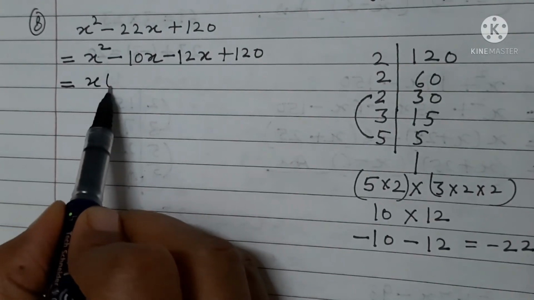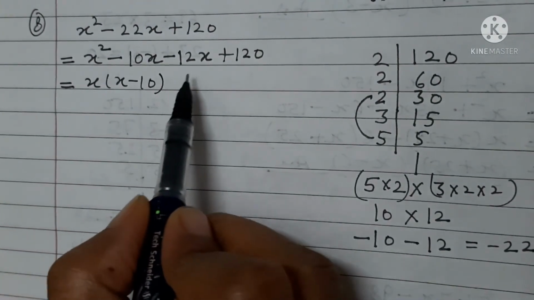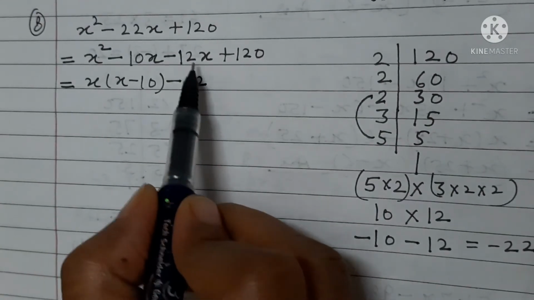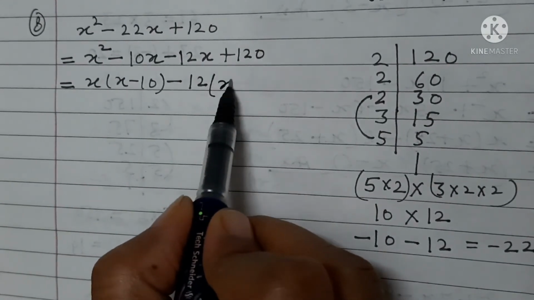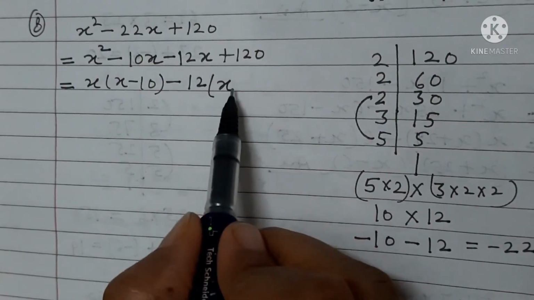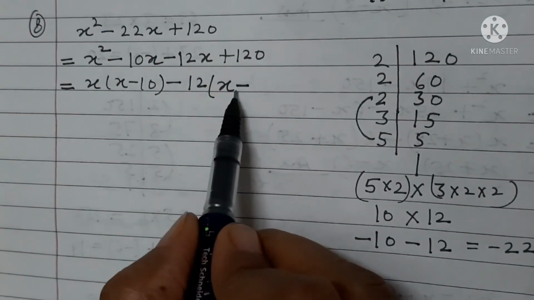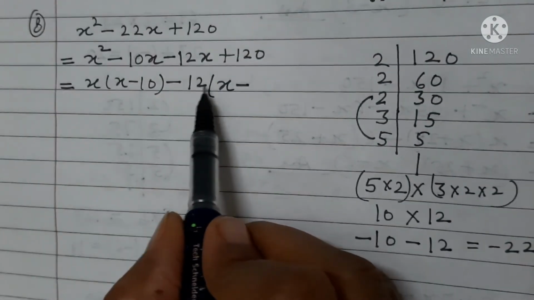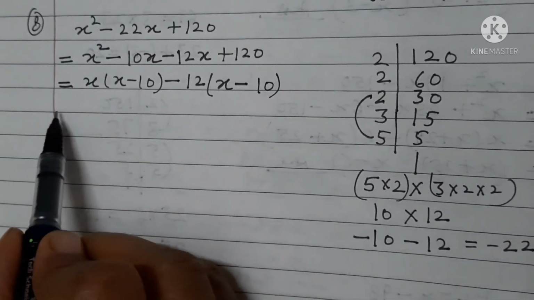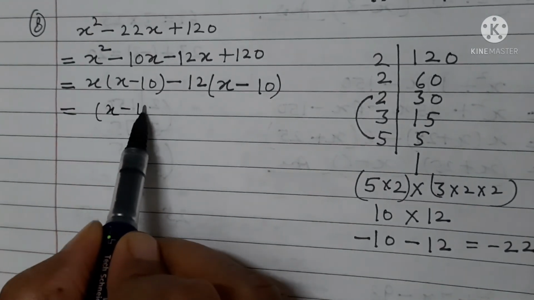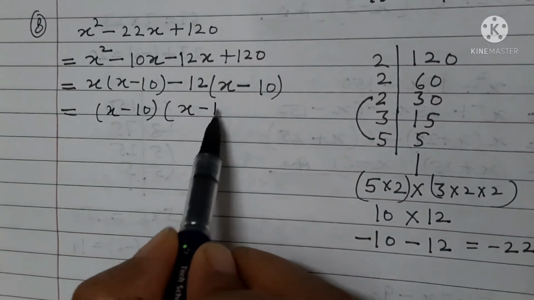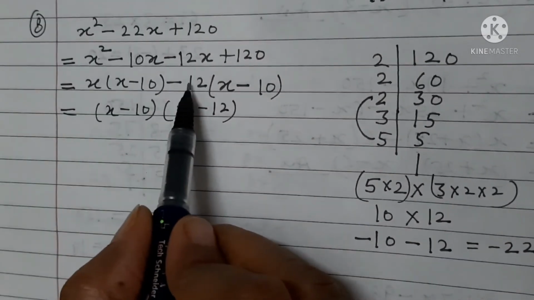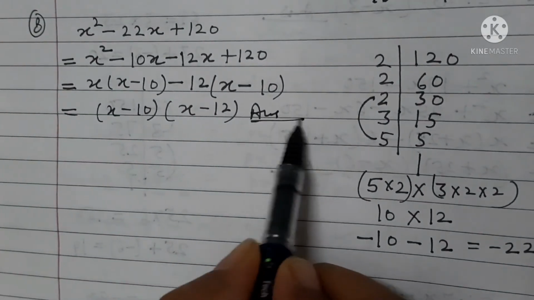Taking x common, x minus 10, and minus 12 common, and x, and this sign is positive, so write down here minus, so that minus minus is plus. 12 tens are 120. x minus 10 common, x minus 12 is the other factor. Answer.